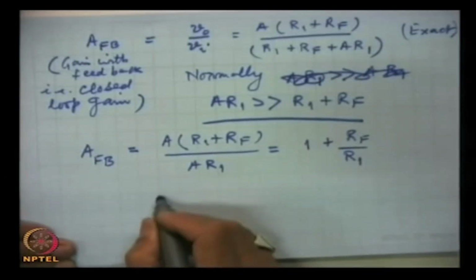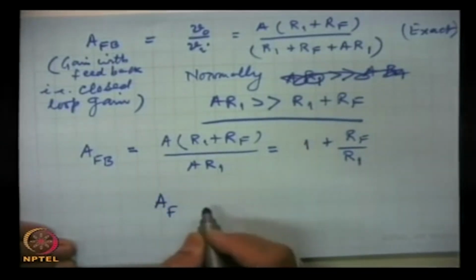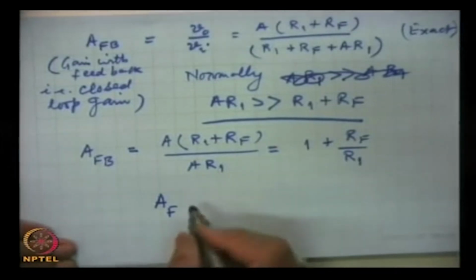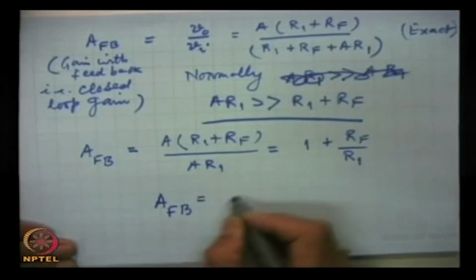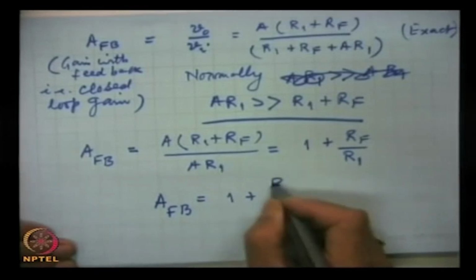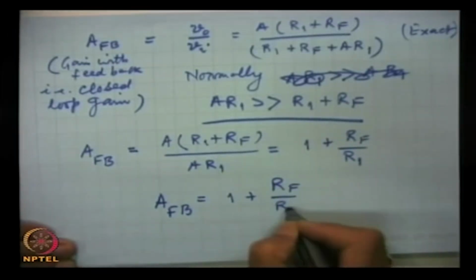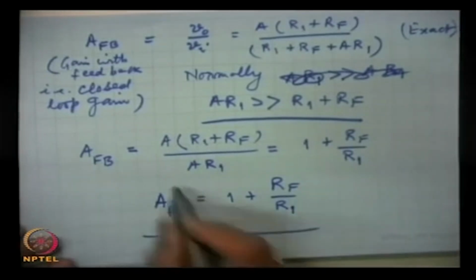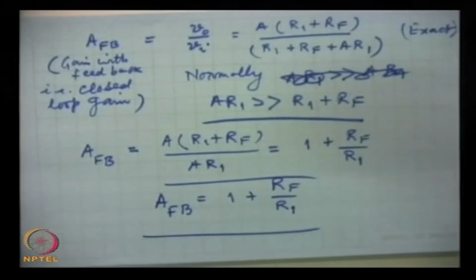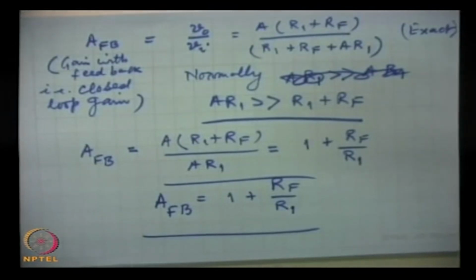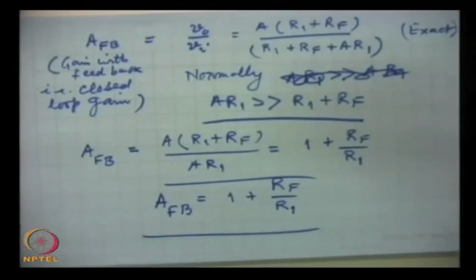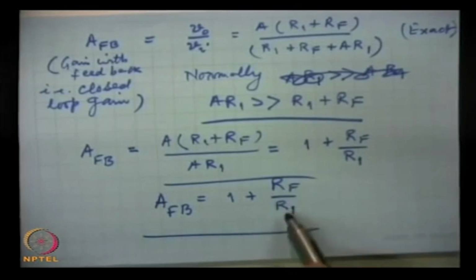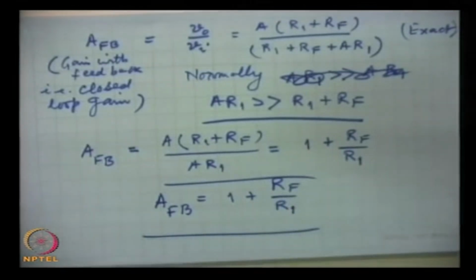This is the gain of the non-inverting amplifier with feedback: 1 plus Rf by R1. How simple! You choose the gain, how much you want, 10, 20, 30, 50, 100. Accordingly, choose these two resistances.